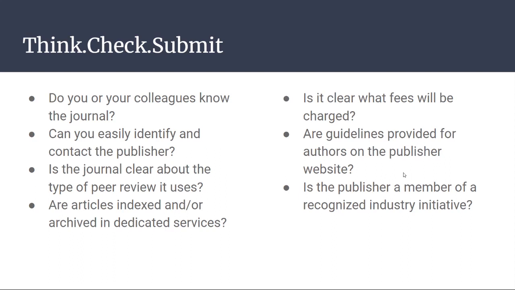And so, just because something isn't indexed doesn't necessarily mean it's predatory or bad, because it could just be a new journal. That being said, if there's a journal that's been around for 5+ years and it's still not indexed in Medline or in any other reputable major indexer, then that's probably an indication that there's some sort of deeper underlying issue.